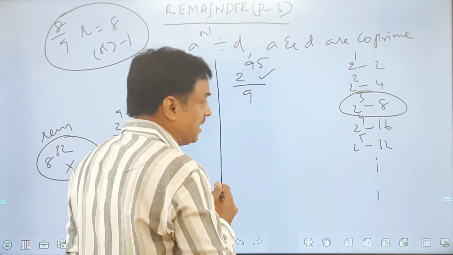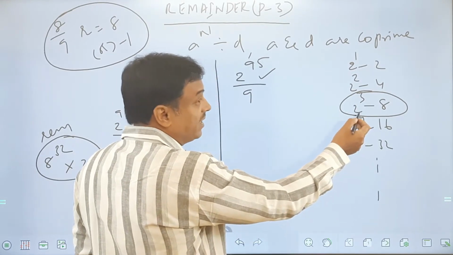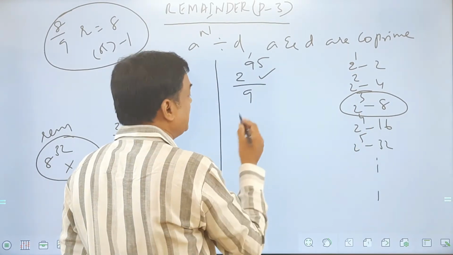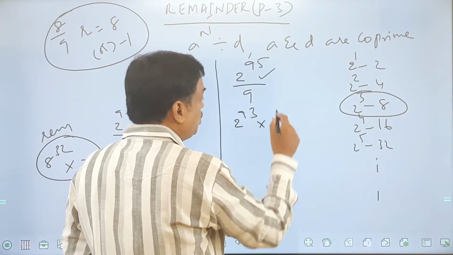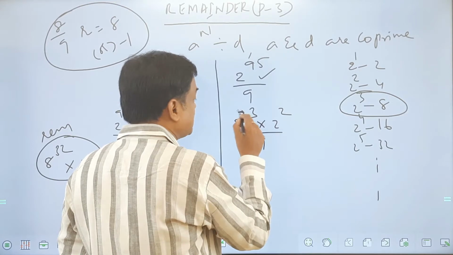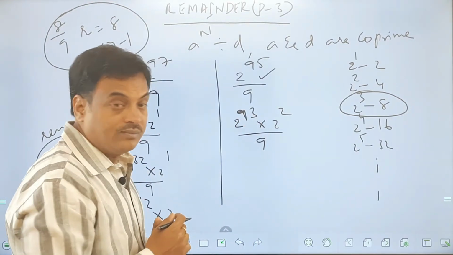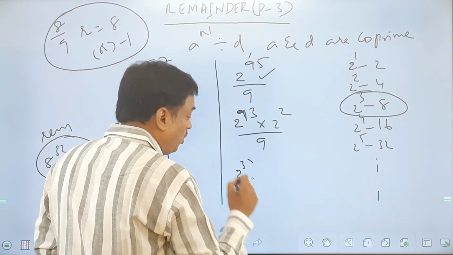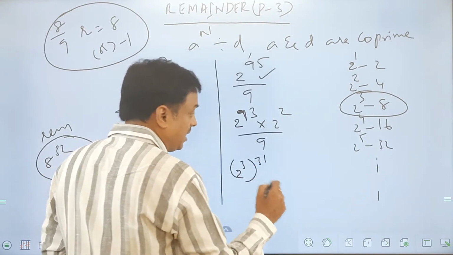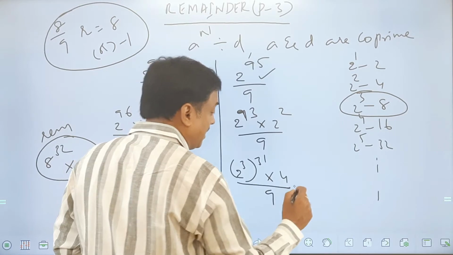Let us see the second case. I want to convert the given numerator in the form of 2 power 3. So can I write this as 2 to the power of 93 into 2 to the power of 2 divided by 9? This is 93, my friends. Now it can be written as 2 to the power of 3 whole to the power of 31 into 4 divided by 9.